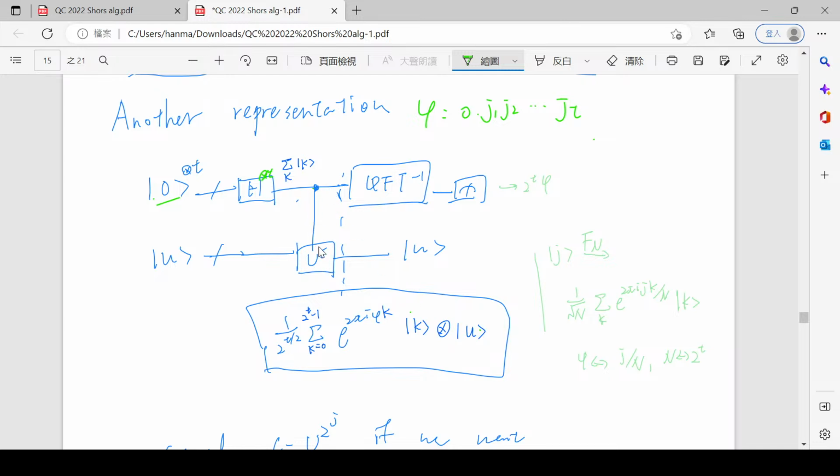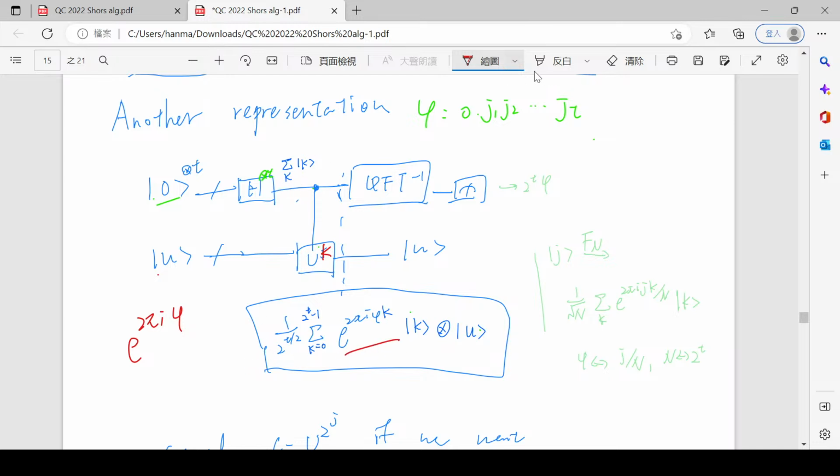Okay, this is a little confusing. So this is actually U to the k here. Whatever k is here, I apply U to the k here. If you apply U once, you get e to the 2 pi i phi. So if you apply U k times here, controlled on the k here, then you get e to the 2 pi i phi k.